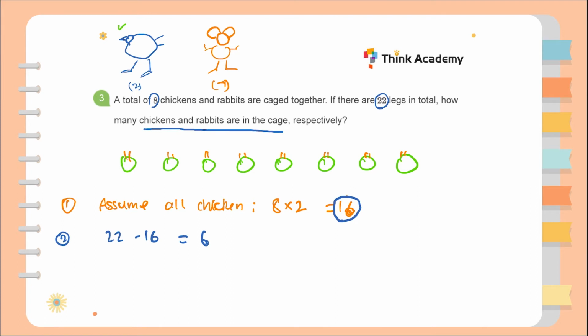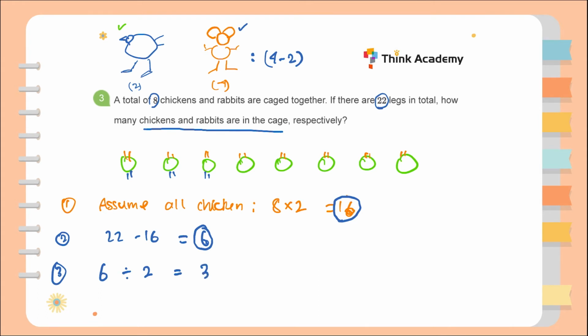Very good. Well, obviously, we also have some rabbits that we haven't accounted for. The rabbits have 2 more legs compared to the chicken, right? They have 4 legs, the chicken has 2. So this extra 6 legs is probably coming from the extra 2 legs that the rabbit gives us, isn't it? So we have the extra 2 legs given to us by the rabbit.